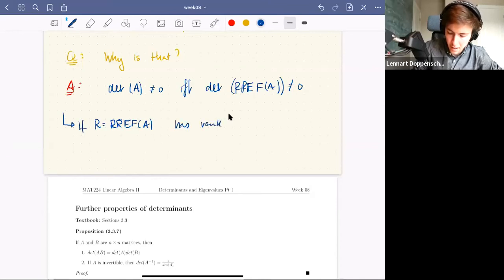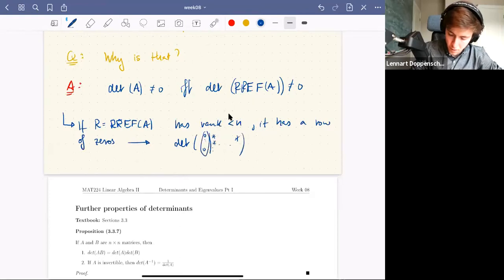has a rank less than n. It has a row of zeros. And this implies that the determinant of something with zeros, so if there's a row of zeros here, then, this is not very nicely written, the determinant of something where there's zeros and then anything else, so this star just means put in anything you want, is 0.